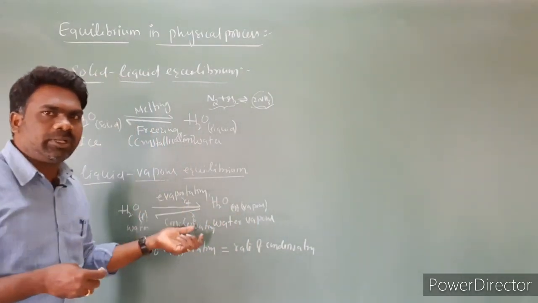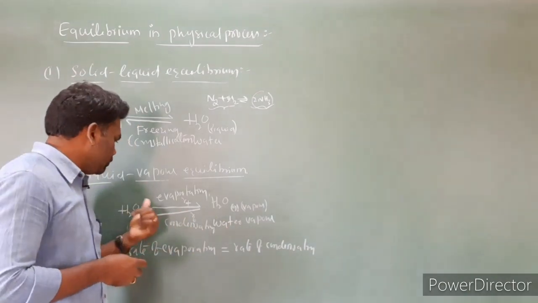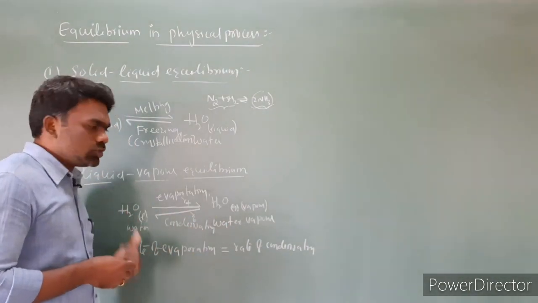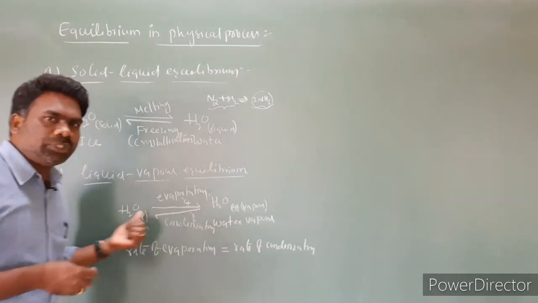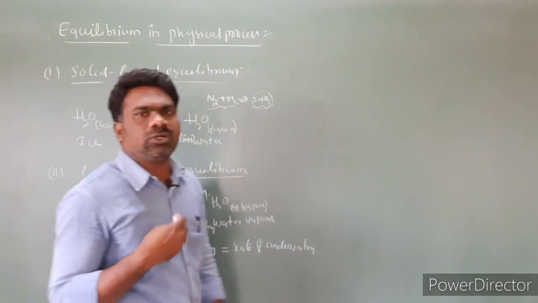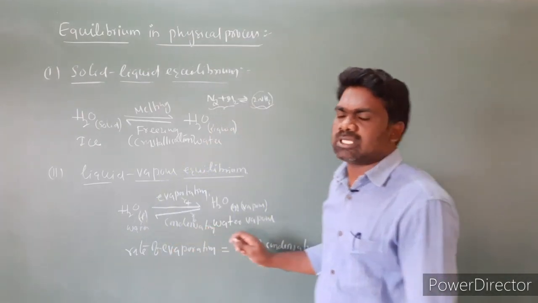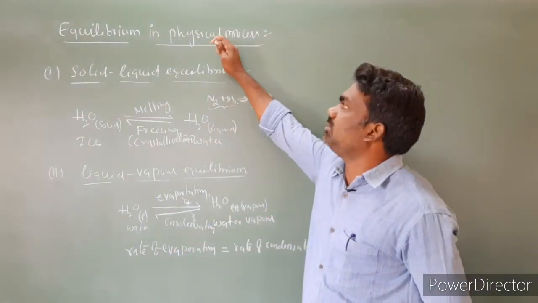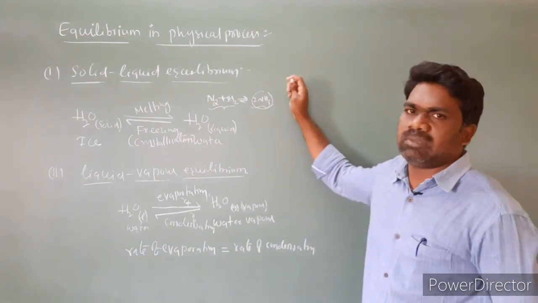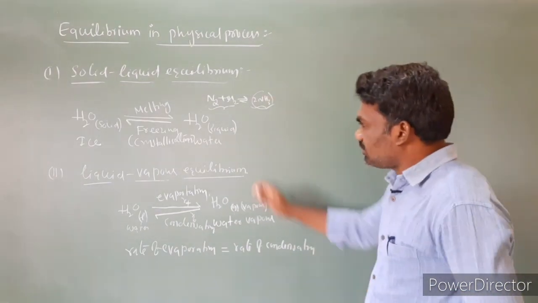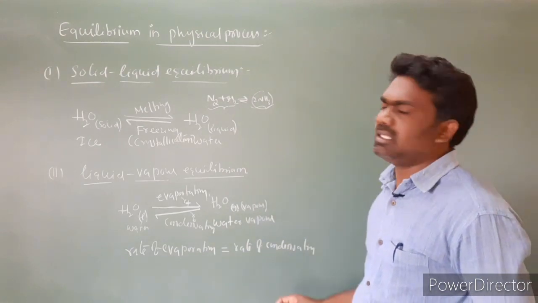Before equilibrium there is only water, so the composition is H2O, and after formation of water vapor, it is still H2O. So the composition does not change, and we call this equilibrium in a physical process. If the composition changes, then it is equilibrium in a chemical process. We'll discuss it later. This second one is liquid vapor equilibrium.